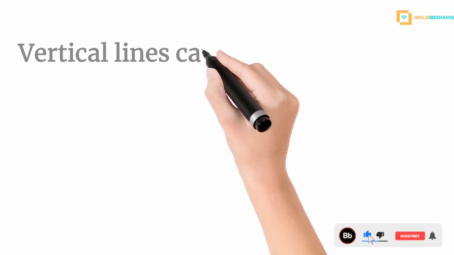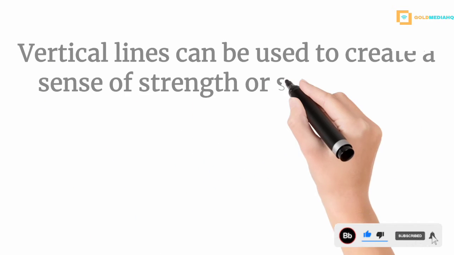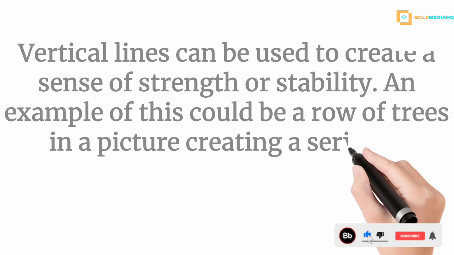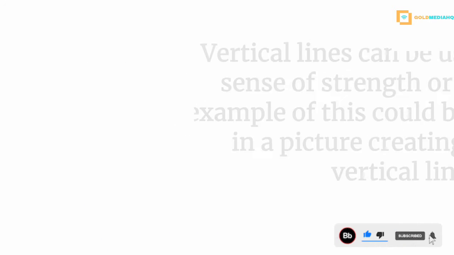Vertical lines can be used to create a sense of strength and stability. An example of this can be a row of trees in a picture, creating a series of vertical lines. Horizontal lines can be used to create a feeling of calmness, peace, or passiveness.